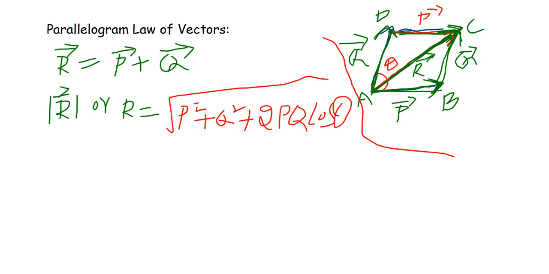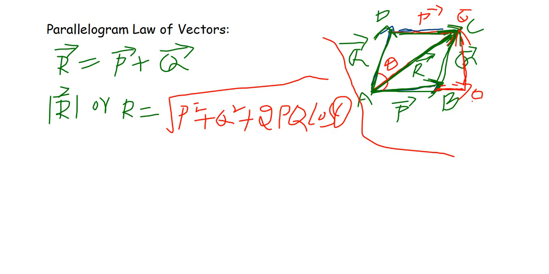So if the diagonal is making an angle, we extend this vector P bar. Here the angle between these two vectors is theta. This is P bar and this is Q bar.